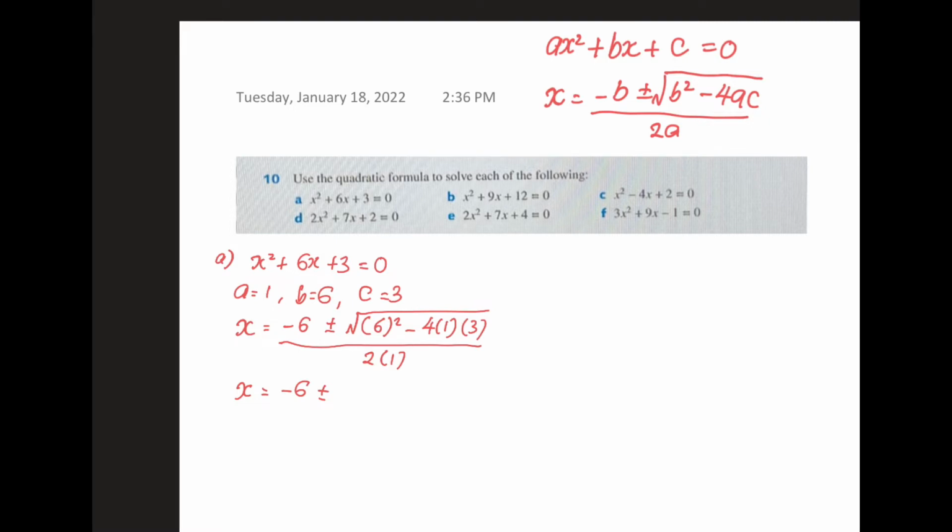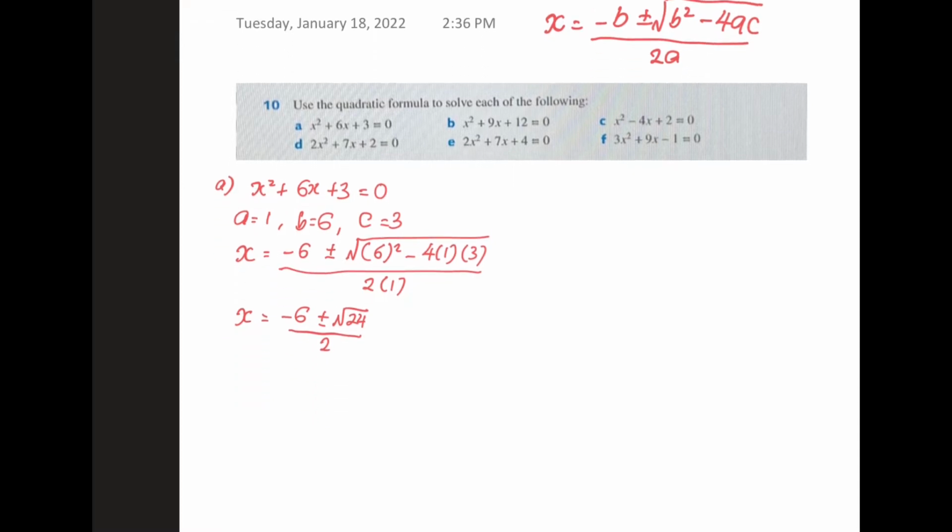Okay, so let's continue. We have to press the calculator for everything in the square root. So we get square root of 24 divided by 2. And now you have to separate them into two equations. The first one takes the positive square root and the other one takes the negative. Normally we change them to decimal numbers.